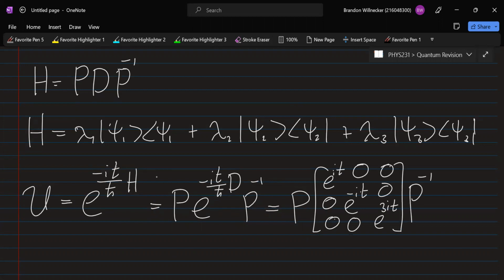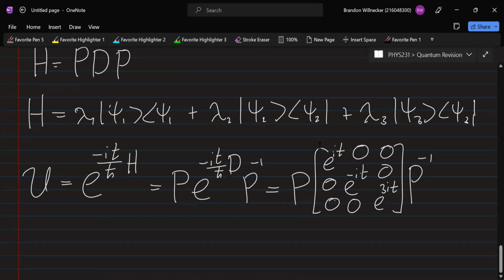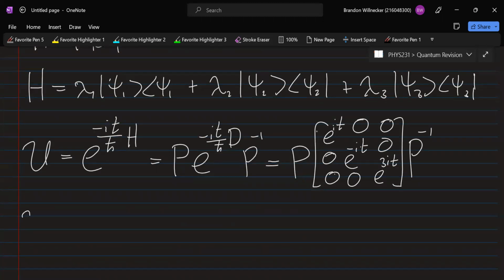Okay, times P inverse. So you can write it like that. That's perfectly fine. Or if you want to write it with the projector decomposition, we can write U as e to the minus RT over h bar times h.